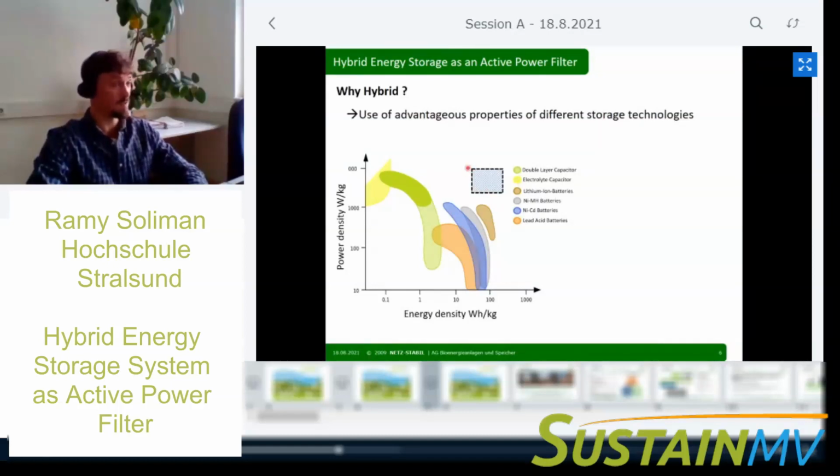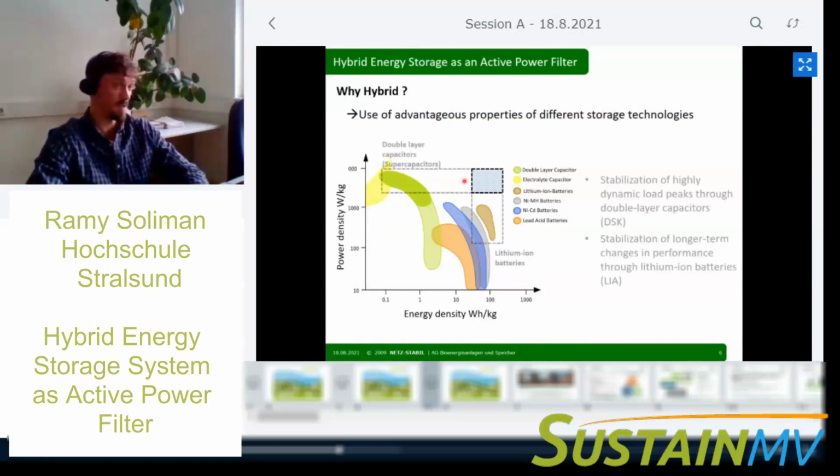So far, there's no technology settled in this area. And so the nearest technologies to this area are double layer capacitors, or so-called supercapacitors, and lithium-ion batteries.